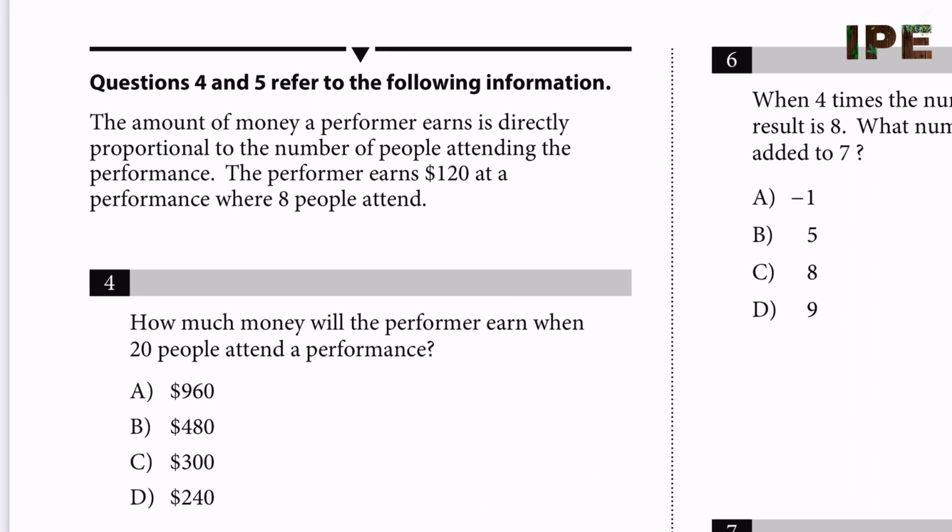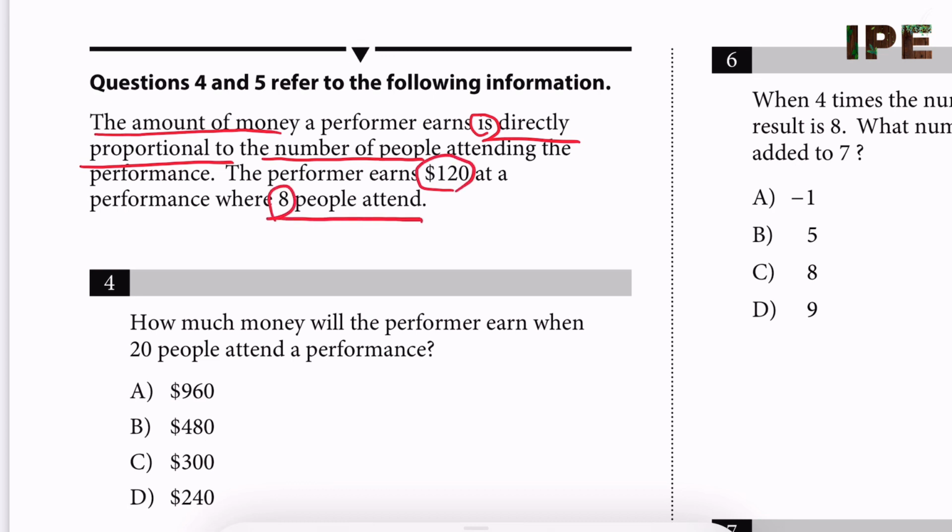Question 4. The amount of money a performer earns is directly proportional to the number of people. The performer earned $120 at a performance when 8 people attend.